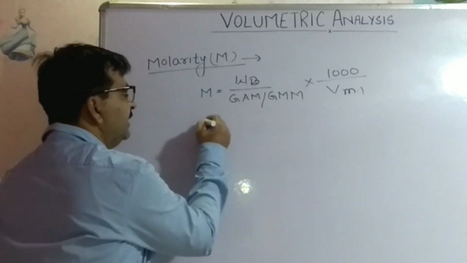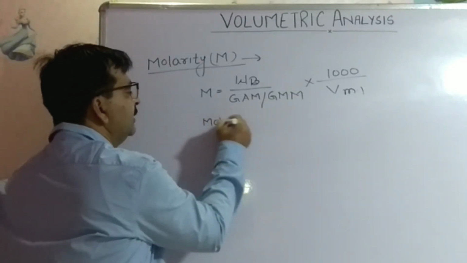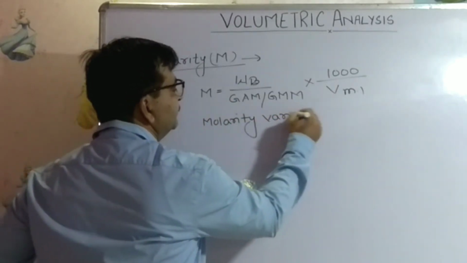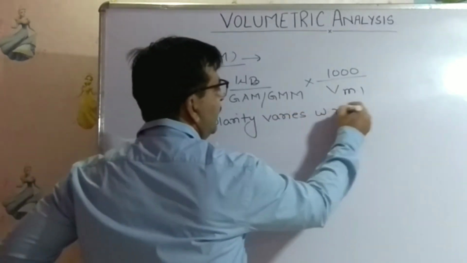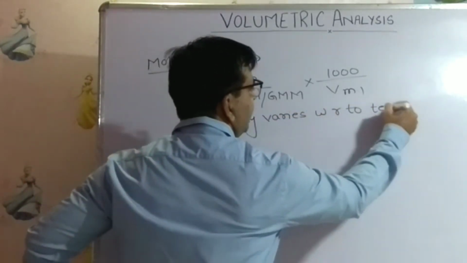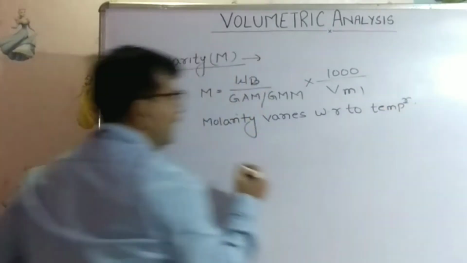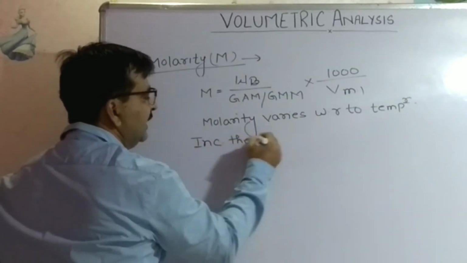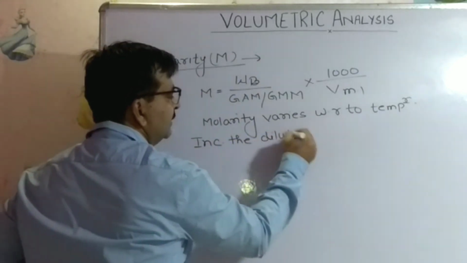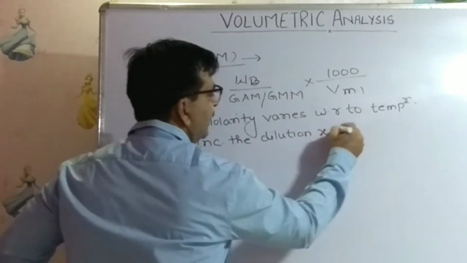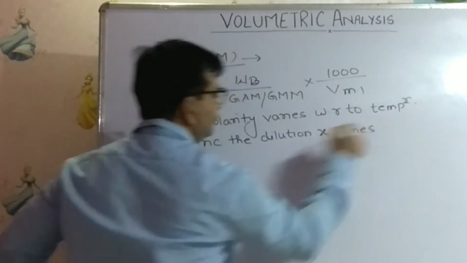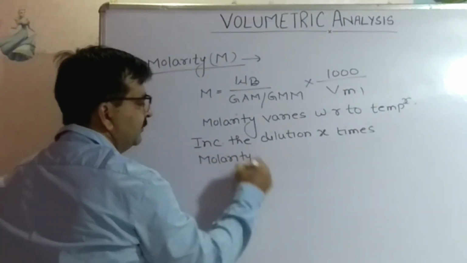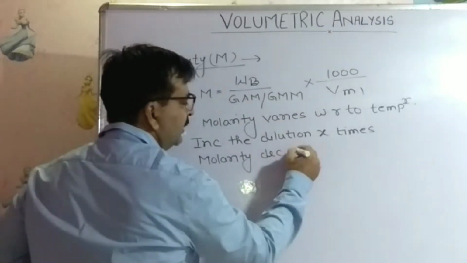So we can write down: molarity varies with respect to temperature, and by increasing the dilution x times, molarity decreases x times.